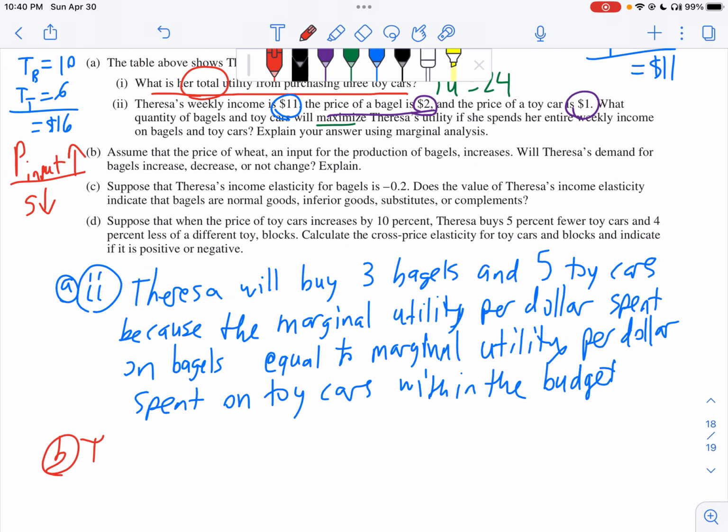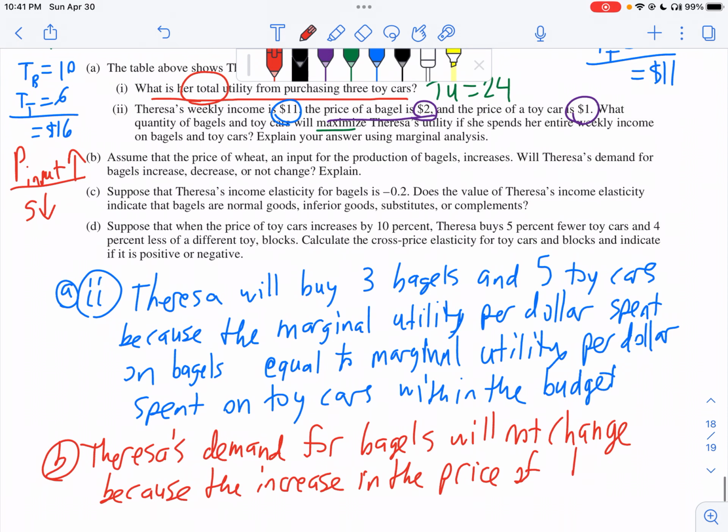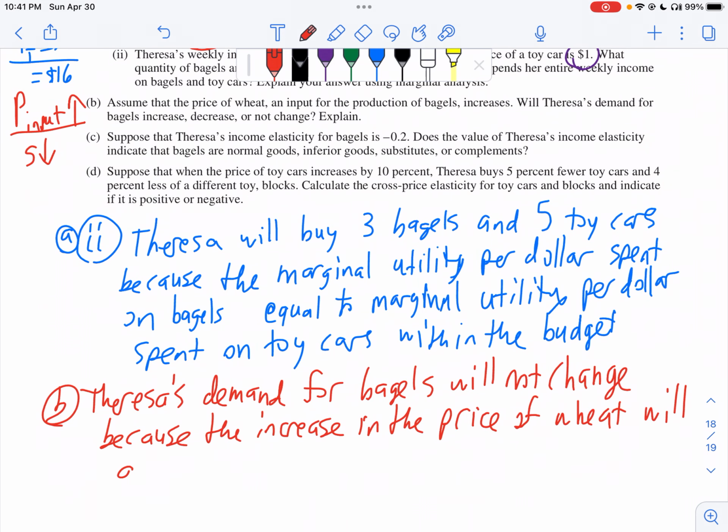So for B, Teresa's demand for bagels will not change because the increase in the price of wheat will affect the supply of bagels, not demand.